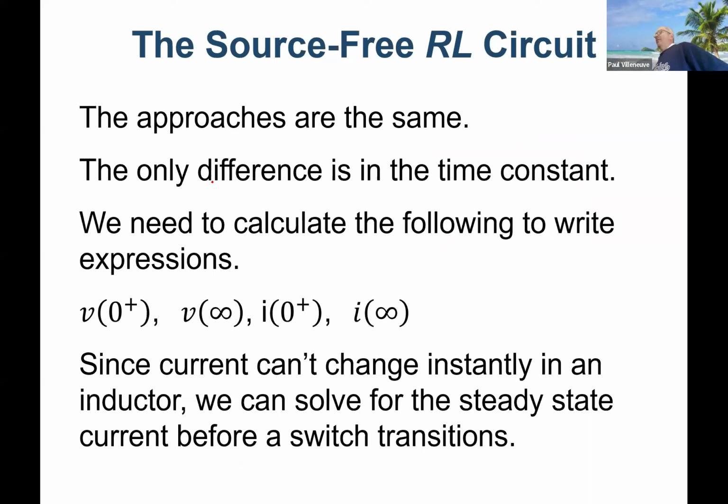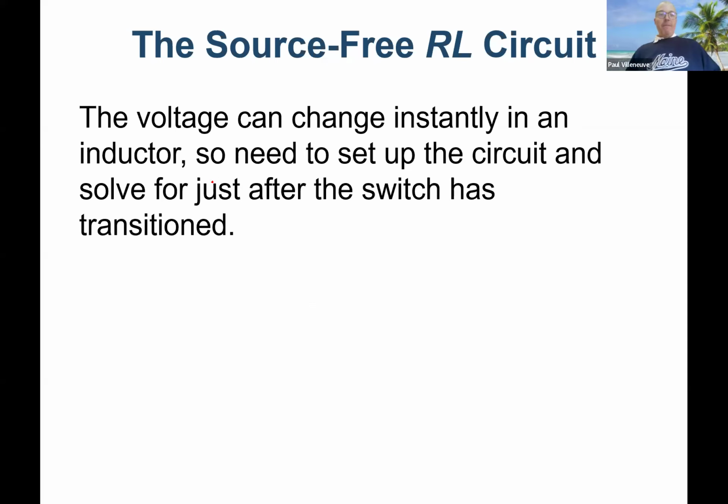Voltage can change instantaneously. The current cannot. So what you need to do is calculate your initial condition for current. And then if you need to solve for voltage, go ahead and solve for the voltage that way. So it's kind of the same approach that we did for capacitors, but you're just solving for different parameters.